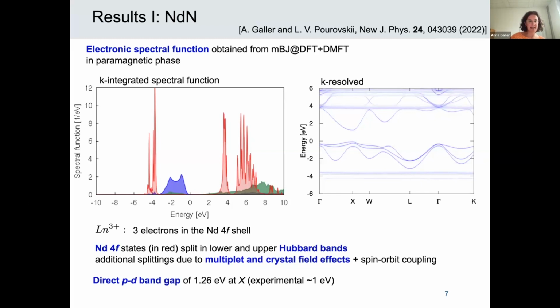And so you can clearly see that the 4f states are now split into an occupied lower Hubbard band at around -4 eV and an unoccupied upper Hubbard band, which shows many additional splittings due to multiplet effects, crystal field, and spin-orbit coupling, which is all included in our approach.